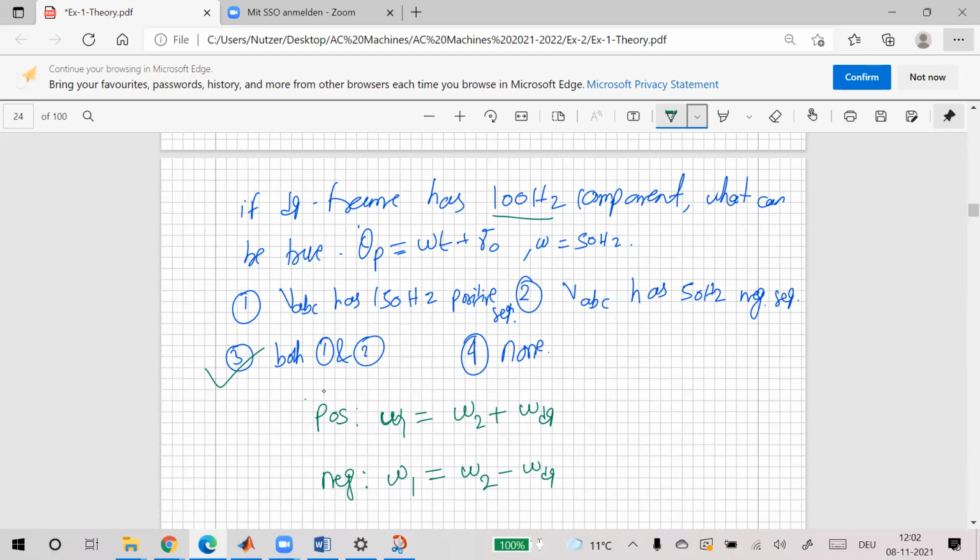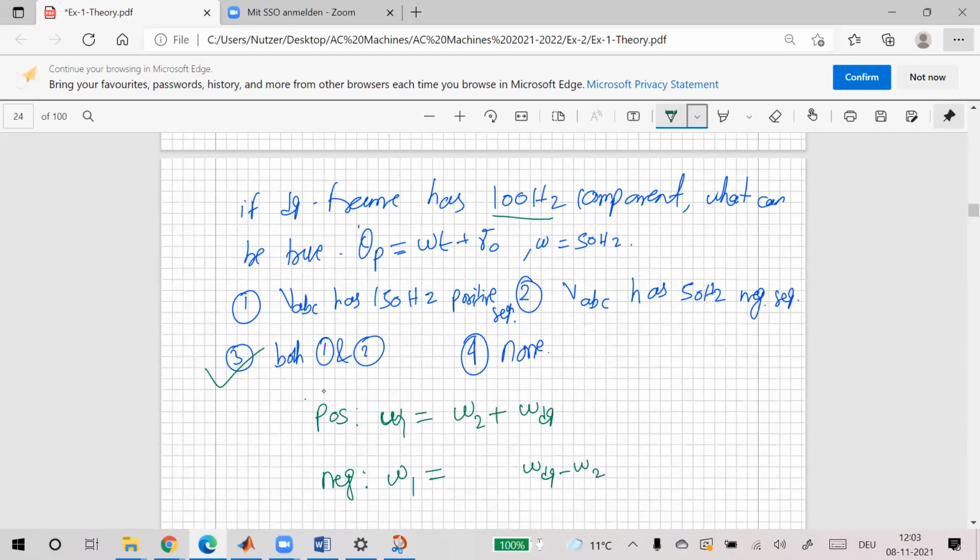So what is omega? For 100 Hertz, we would have minus 50. We will have 50. So it should be omega DQ minus omega.